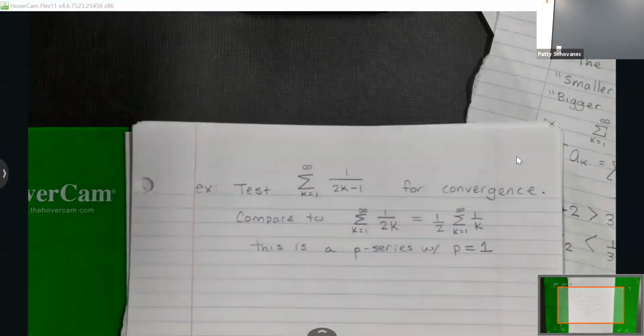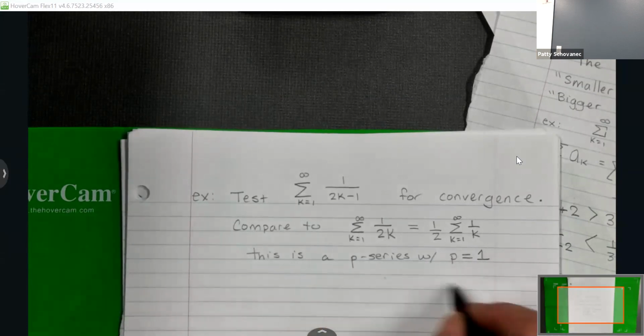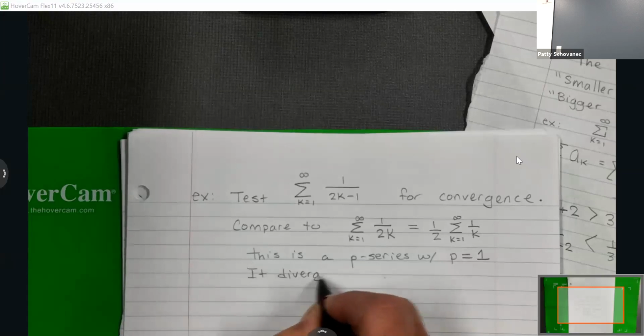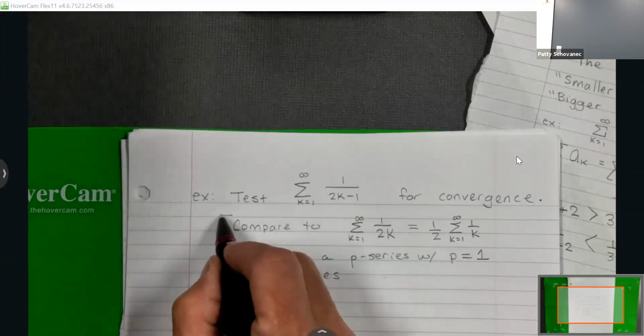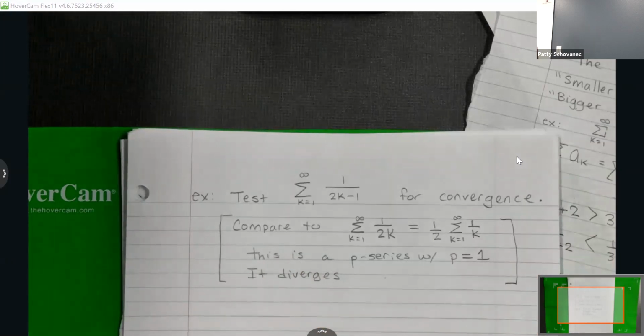The p-series where p is equal to 1 was that harmonic series that diverges. It diverges. So my lookalike series is a divergent p-series. If the series that I'm testing is bigger than it, then the series that I'm testing will also diverge.